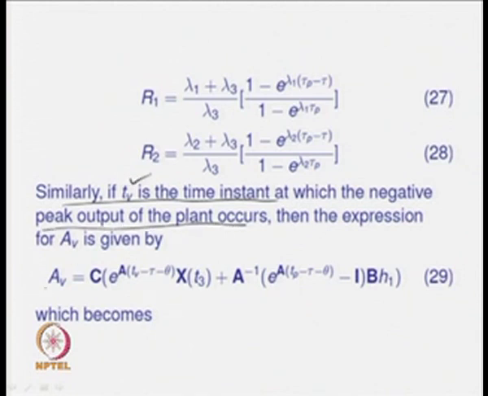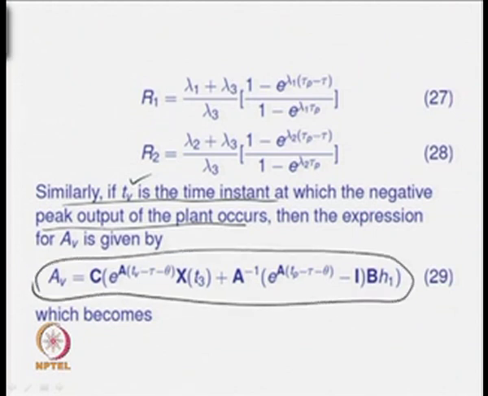Then the correct expression for Av will be Av is equal to C times e to the power A (Tv minus tau minus theta) times x(t3), plus A inverse e to the power A (Tv minus tau minus theta) minus I, times B H1. As I said earlier, the input to the system is plus H1 now. So, we have got H1 in expression 29.